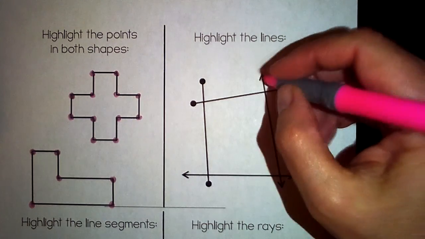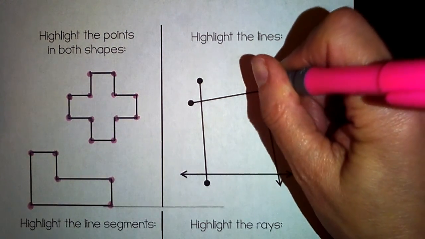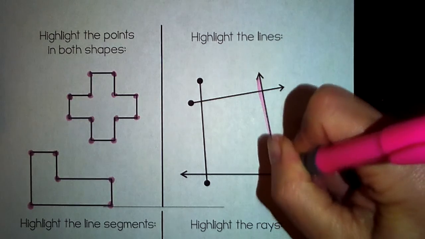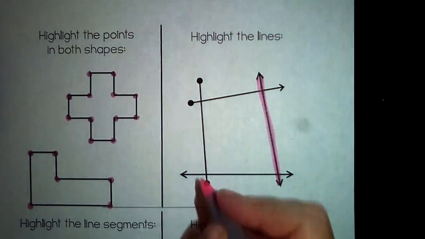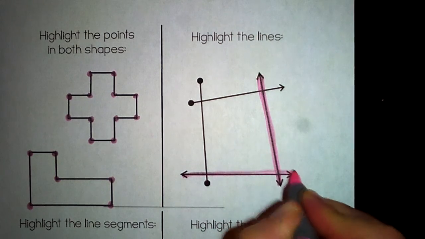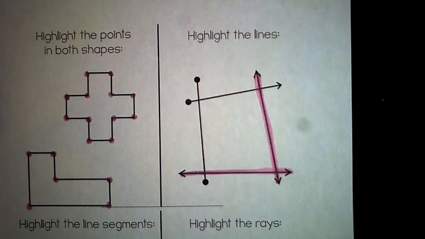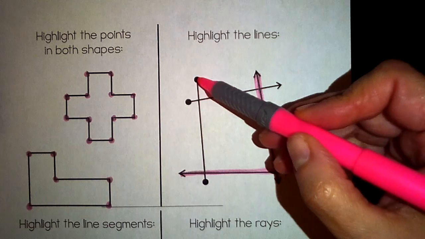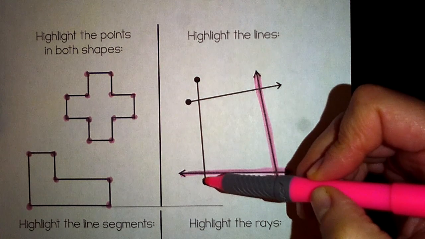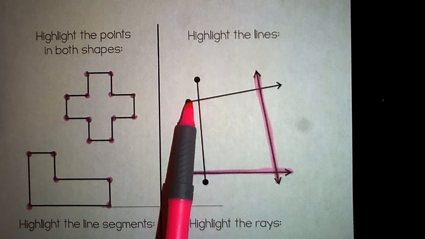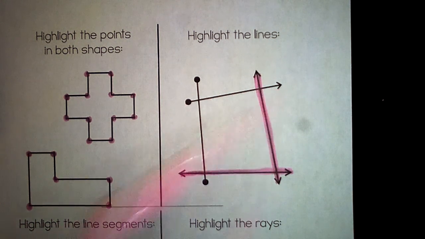So we've got this line, and we've also got this one right here. Now, I'm not going to highlight this because it's what? It's a line segment. And this is a ray. One point goes on to infinity in the opposite direction.